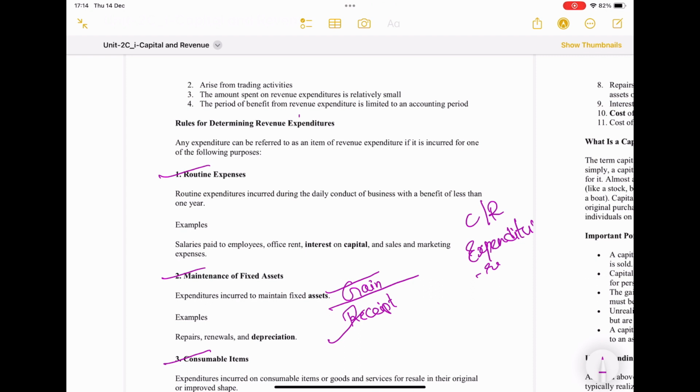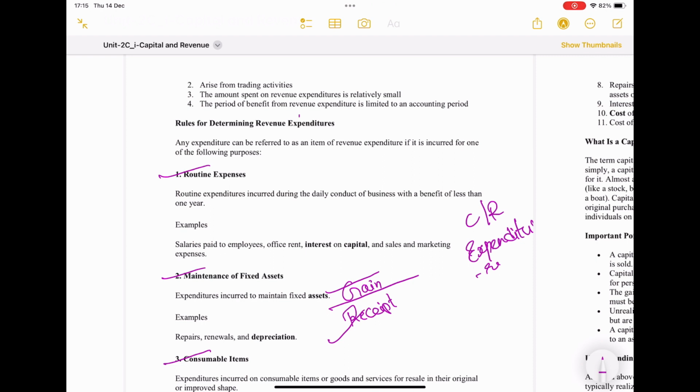Wherever I have mentioned expenditure, if you mention it as an income or a receipt, that is the meaning of capital receipt. Revenue expenses are written on the debit side, and revenue receipt will be identified on the credit side. Simple as that. Easy concept only, but I don't want to mix the things.